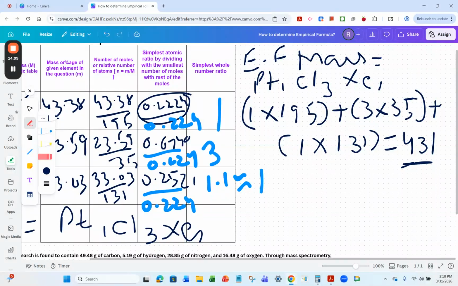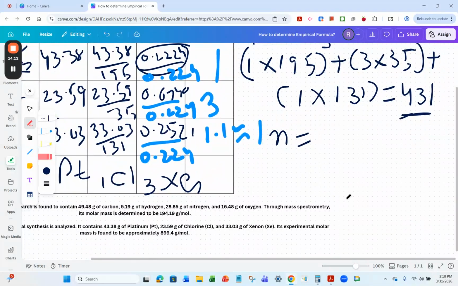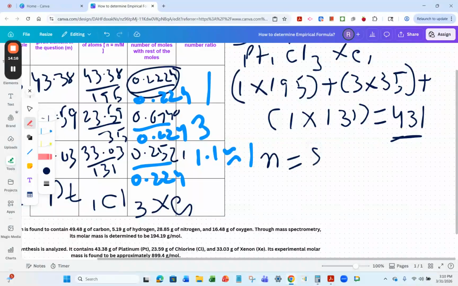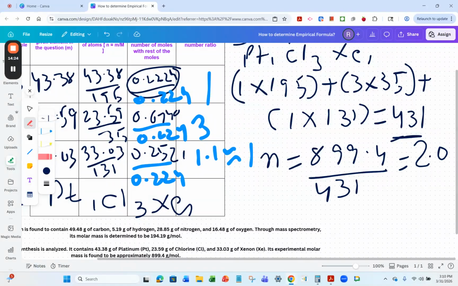Okay, so then for the n value, we need to check what our molar mass is. That is 899.4, and the empirical mass is 431, so n is equal to 2. So now what is my molecular formula?